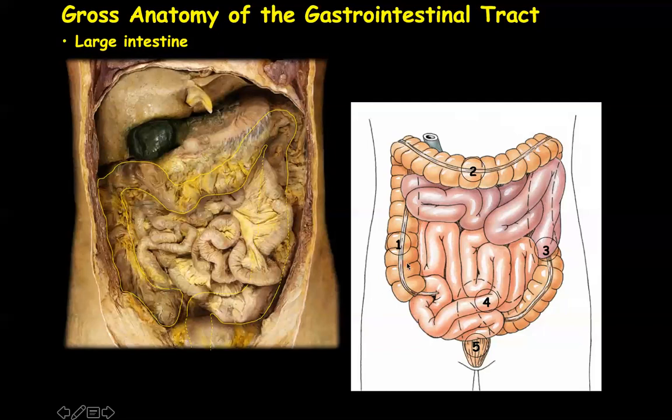So these strings along the outside of the large intestine are the taeniae coli, and they bunch the large intestine up into these characteristic pouches, and those pouches are called haustra. So the strings of the sweatpants, those are the taeniae coli, and the pouches are the haustra.